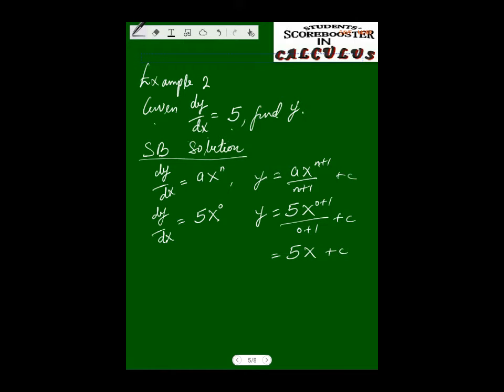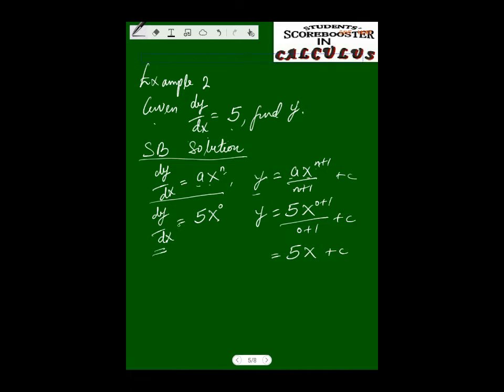The question is dy/dx is equal to 5. Once you write the formula, this is the general formula: dy/dx generally is ax raised to power n, and y is equal to ax raised to power n plus 1 over n plus 1 plus c, right?